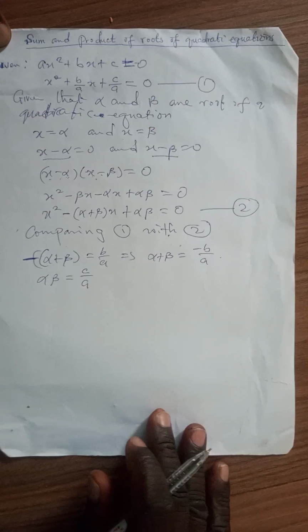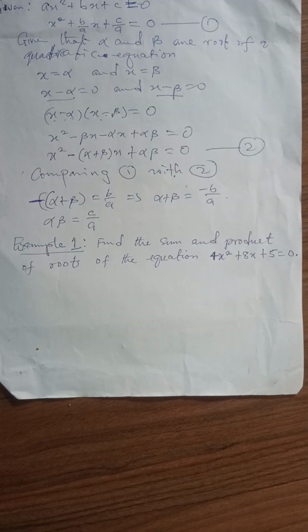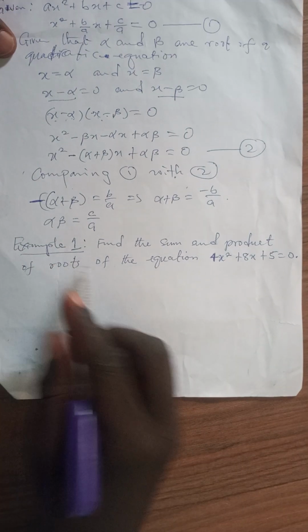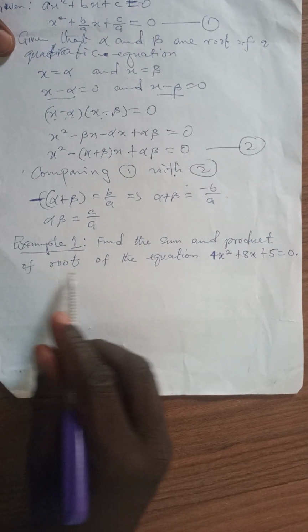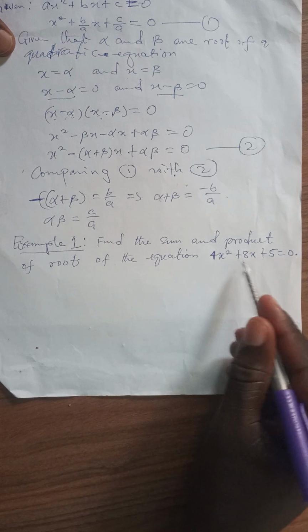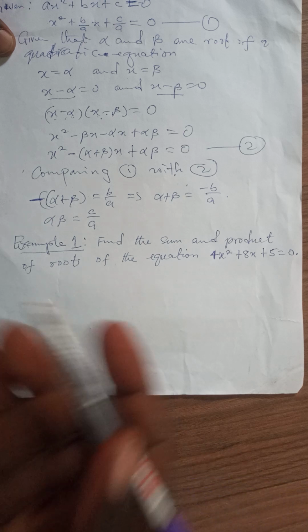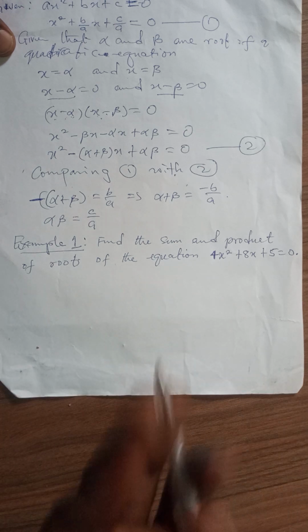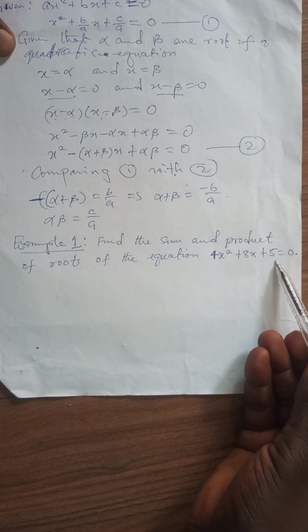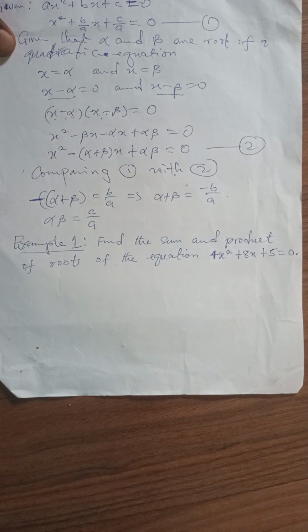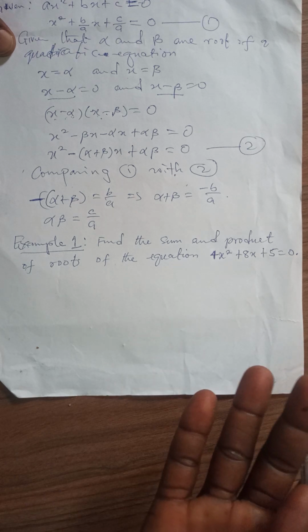So, we are going to give an example now. We are asked to find the sum and product of the roots of the equation 4x squared plus 8x plus 5 equals 0. Meaning, if alpha and beta are the roots of this equation, find alpha plus beta and alpha times beta.